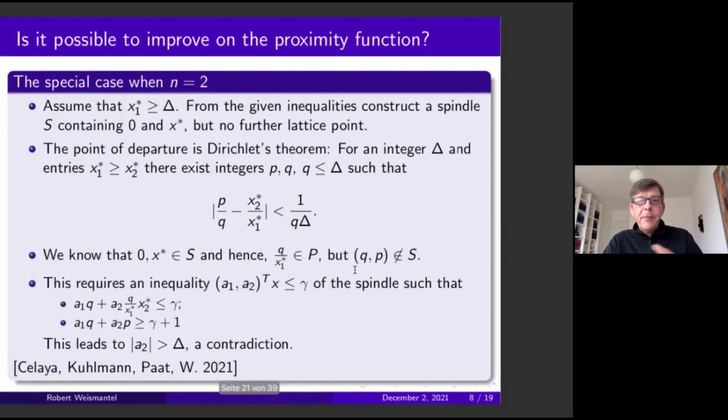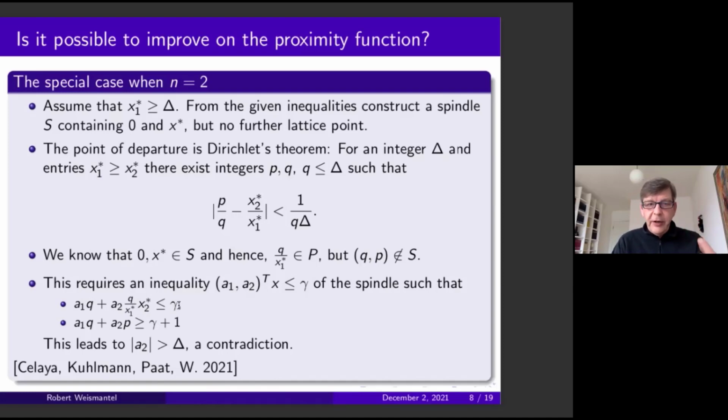Therefore, this requires us to have an inequality which comes from the spindle, but the inequalities come from the matrix A. Since we are in two dimensions, it only has two coefficients, A1 and A2. And this point q p has to be separated from the spindle. So on the one hand, the point q divided by x1 star times x star lies in the spindle. That's the first relationship: A1 q plus A2 q divided by x1 star times x2 star is less or equal to gamma.